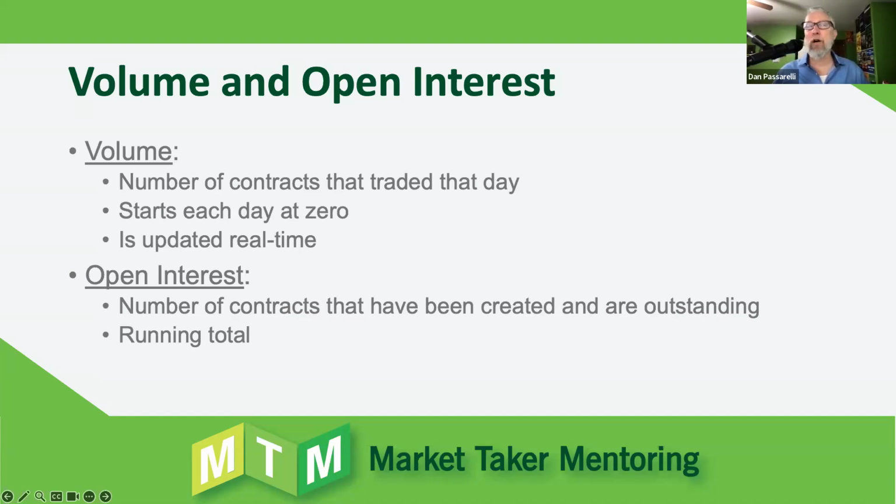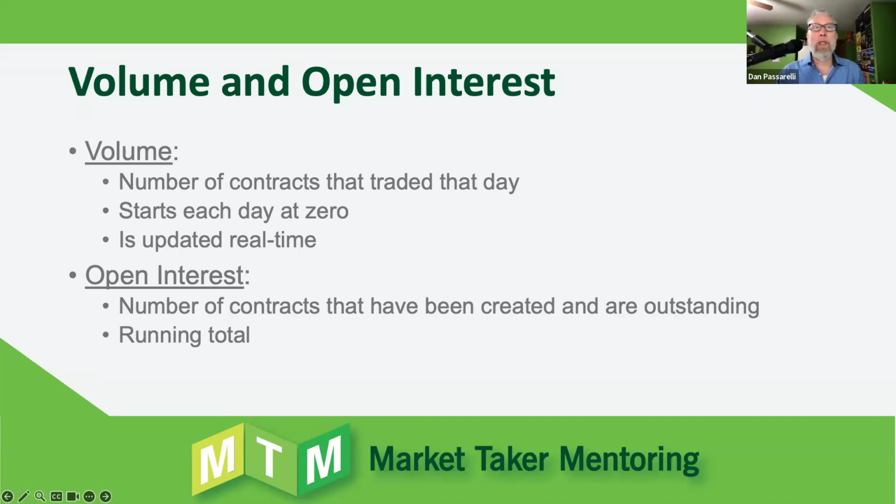It is a share of ownership that exists in the world. If somebody buys that, they're buying it from somebody who had it. With options, contracts, a long and a short create an open contract. Okay? So that is what open interest is.